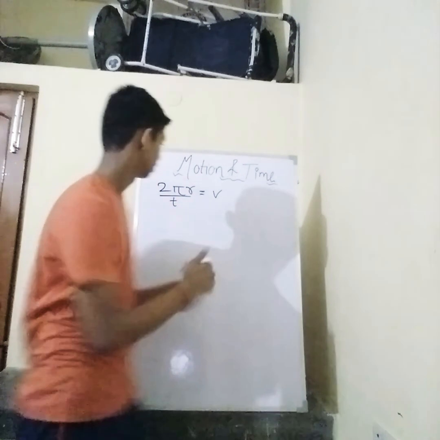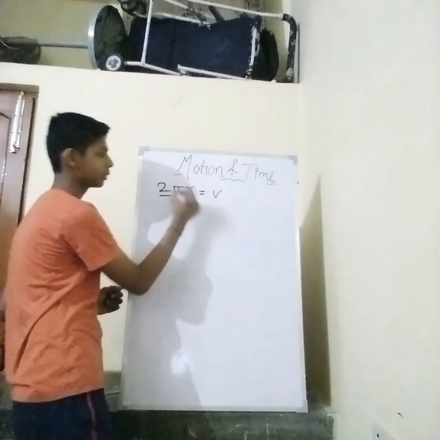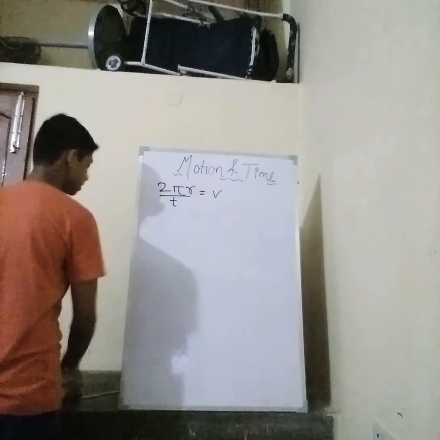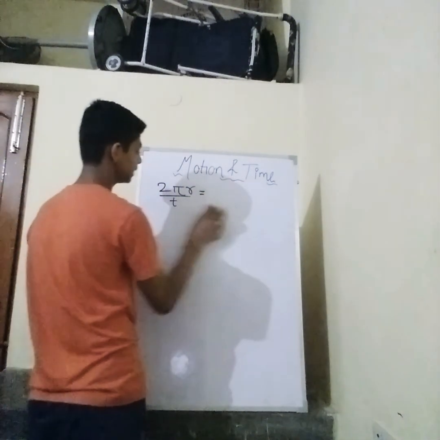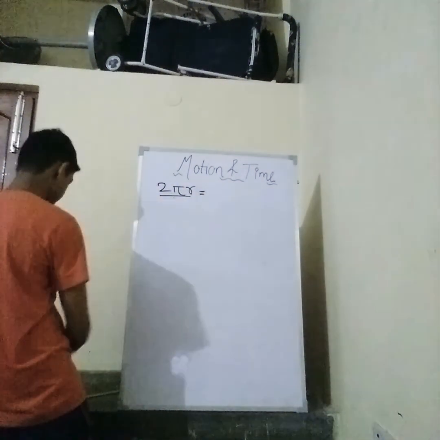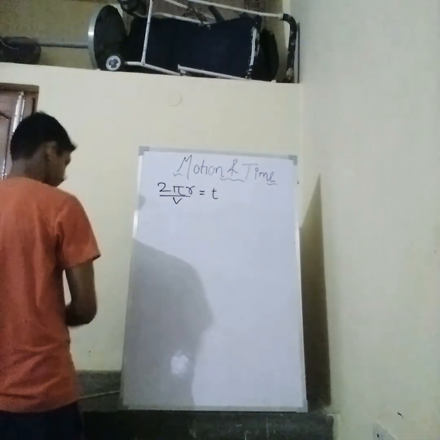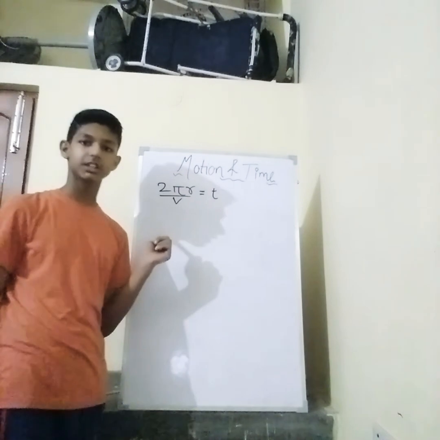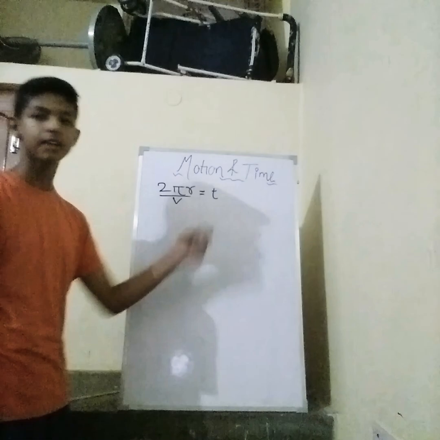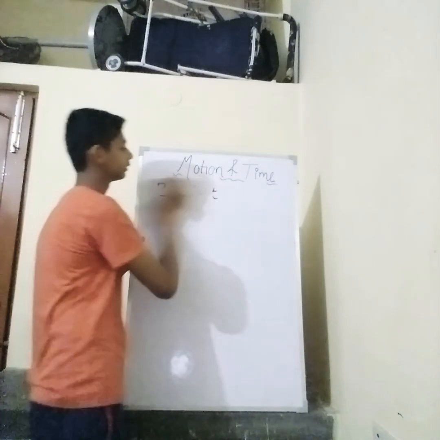So we cannot determine velocity from this equation. This is the first equation, and from this we can derive this one: 2 pi r by velocity or speed is equal to time.